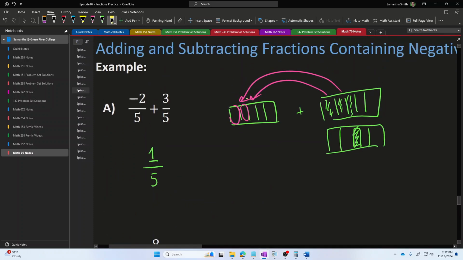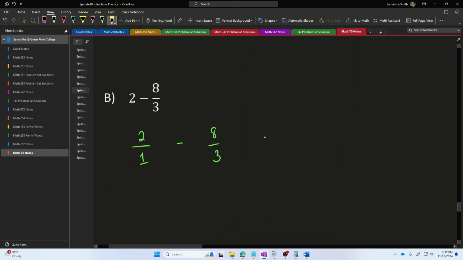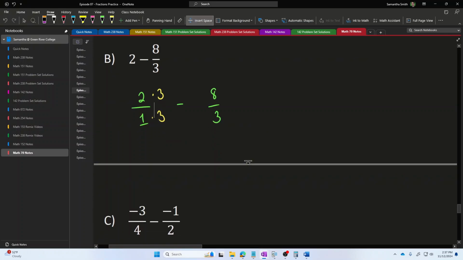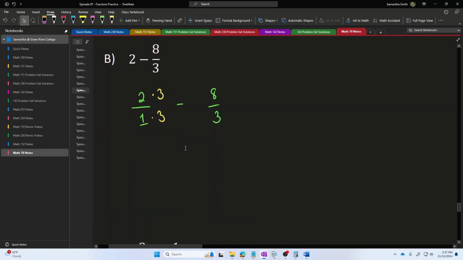So I need to make sure that my pieces are of the same size before I begin adding and subtracting them. So to give both fractions the same denominator, I would end up with 6 over 3, and I'm trying to remove 8 over 3.